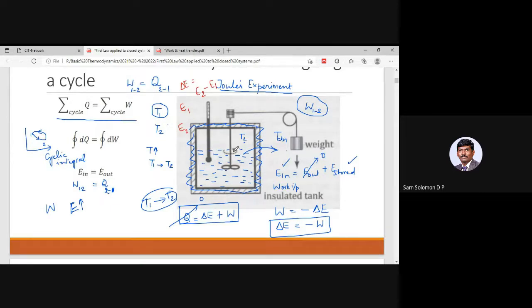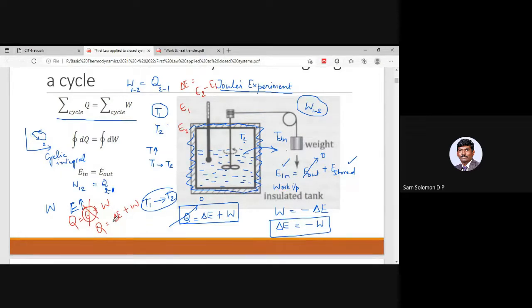Everything has got some inherent energy. So that is why you can't say E. None of you should ever write Q is equal to E plus W. Absolutely wrong. It should be Q equal to delta E plus W. Because anything and everything in nature has got inherent energy or internal energy in itself before heat or work is done on it or by it, whether heat is entering it or leaving it, work is done on it or by it.